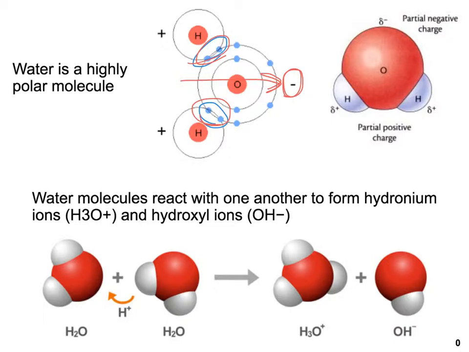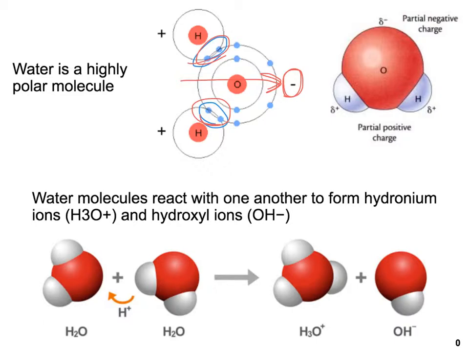So if something is polar, it just means it has opposite sides, like the 2 poles of a magnet, north and south. Electrical poles would mean positive and negative, and water molecules are very polar because of this uneven distribution of electrons caused by oxygen's ability to pull the shared electrons on one side.